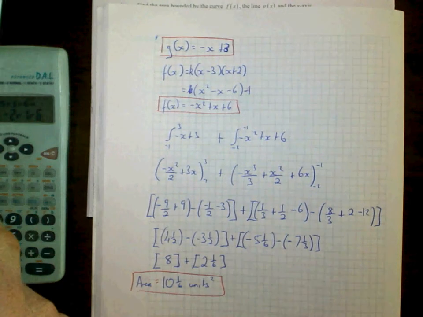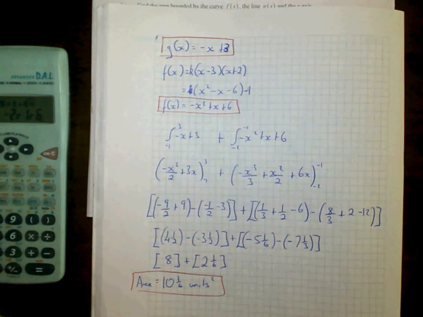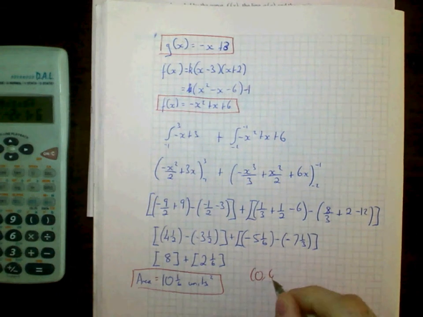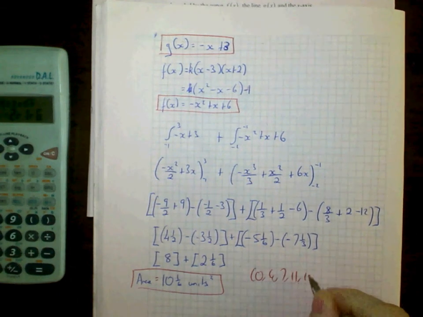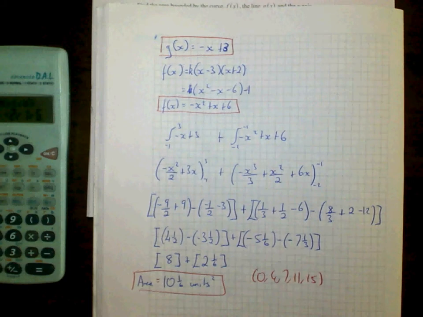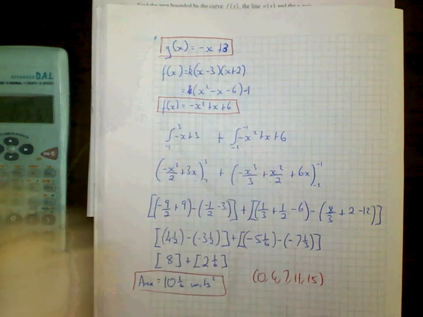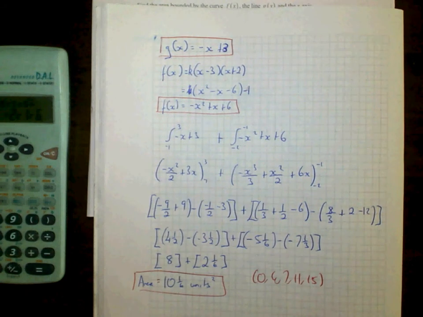The marks for that were 15. So 0, 4, 7, 11, and 15. 0 for none of it right. 4 for any correct step, so if you got one of those two right, you get 4. 7 is for reading points from the graph and finishing with no more than 2 errors.